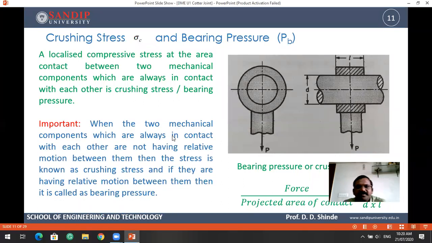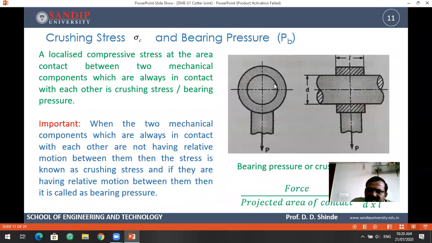So an important point to be noted for crushing stress sigma c and bearing pressure Pb is that when two mechanical components which are always in contact with each other are not having relative motion between them, the stress is known as crushing stress. And if they are having relative motion between them, then it is called bearing pressure.